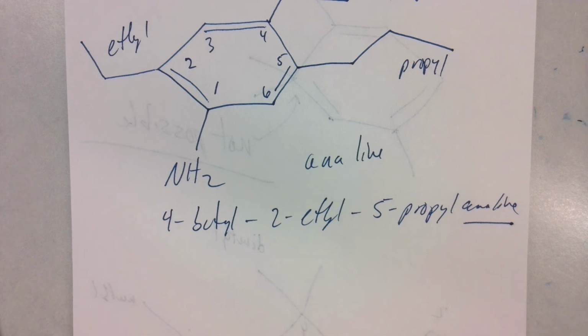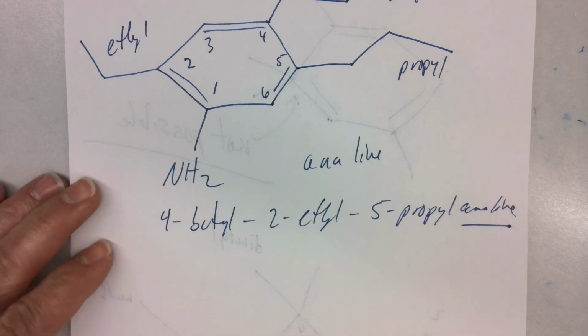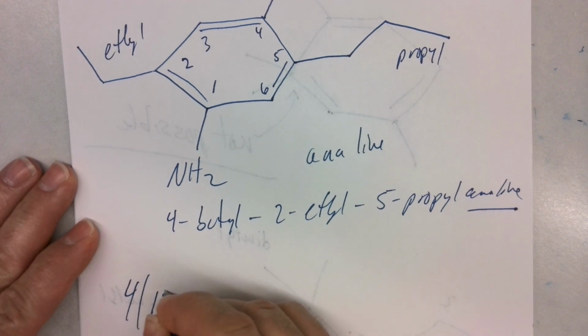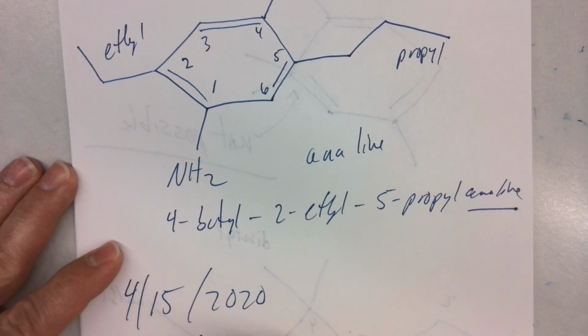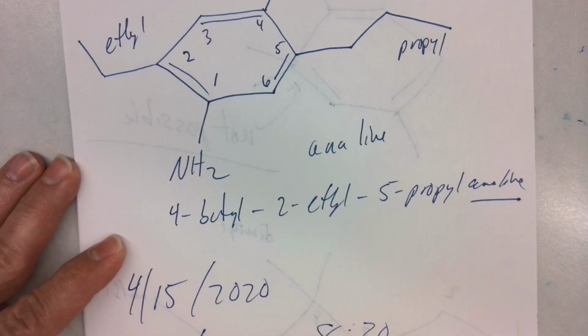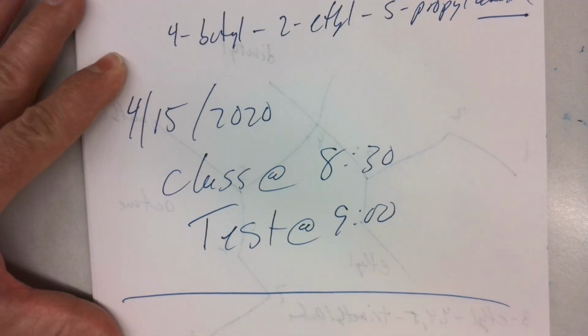I mean, we could go like 20 minutes, just a quick one. But I teach my math class at 8. So we could go at like 8:30. Go from 8:30 to 9 and then take the test at 9. Do you want to do that? So let's do that. So that's on the 15th. So 4/15 of 2020, we'll go class at 8:30, test at 9. That work?